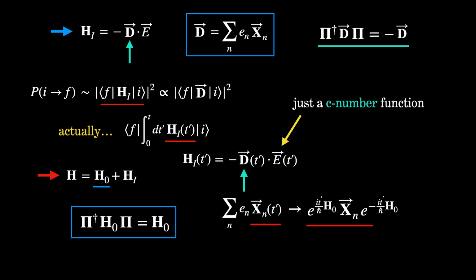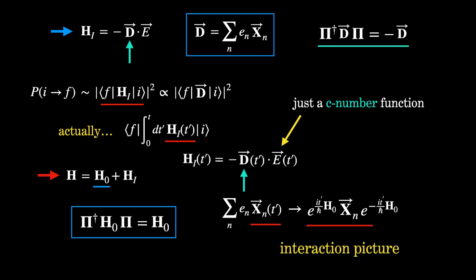H0 generates the time evolution of the atom under its own Coulomb interactions without any external perturbation, while HI describes the perturbation by an electric field which drives the transition process. This is known as the interaction picture.